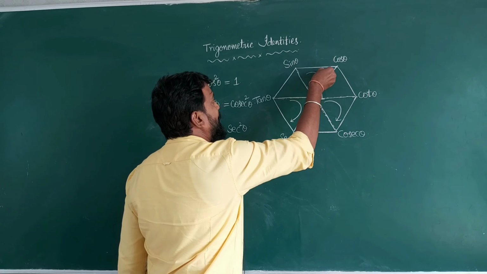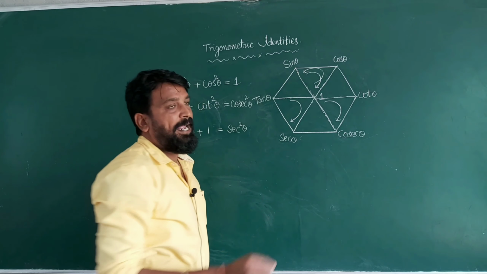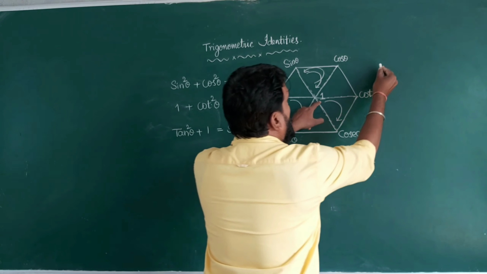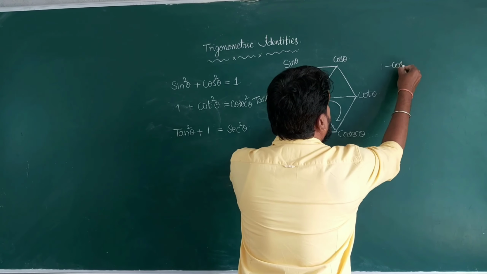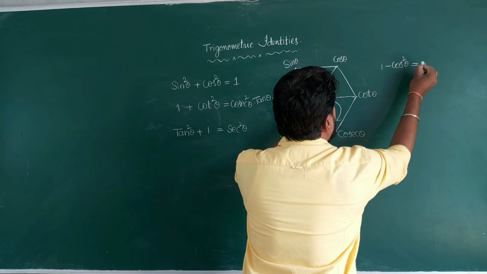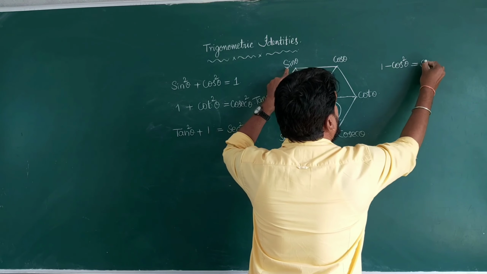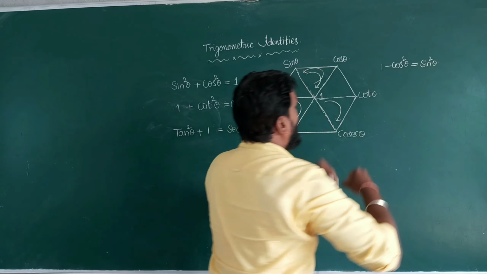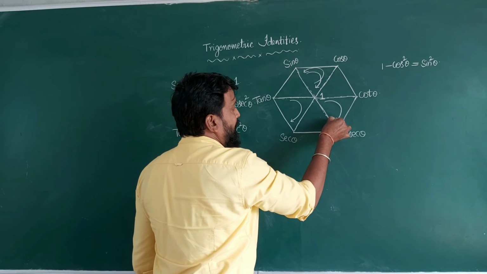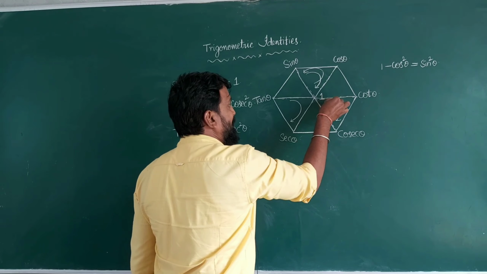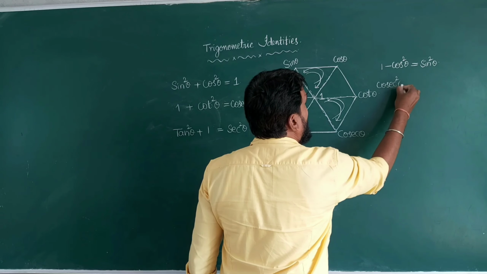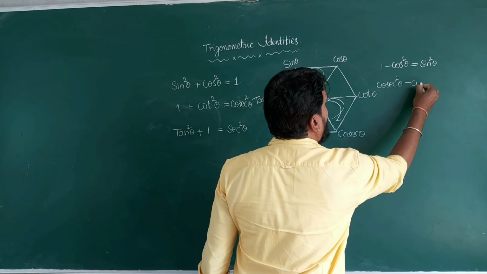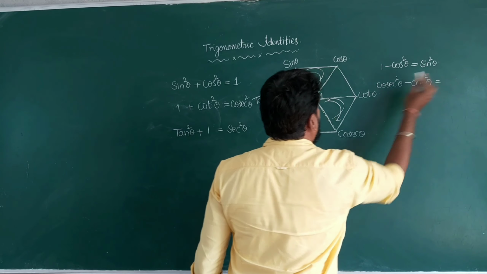If you go anti-clockwise, you have to take 1 minus cos square theta is equal to sin square theta. And in anti-clockwise rotation, cosec square theta minus cot square theta is equal to 1.